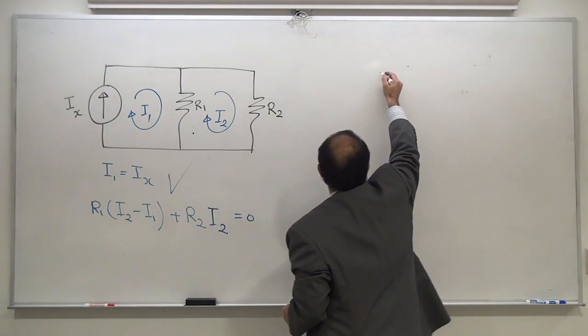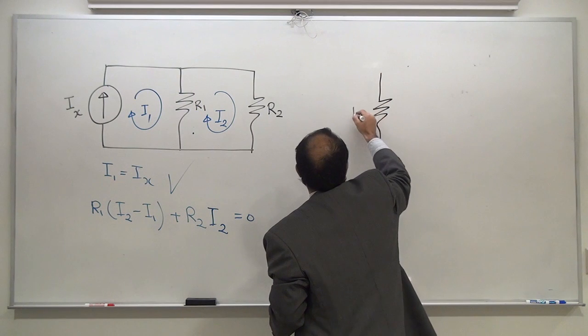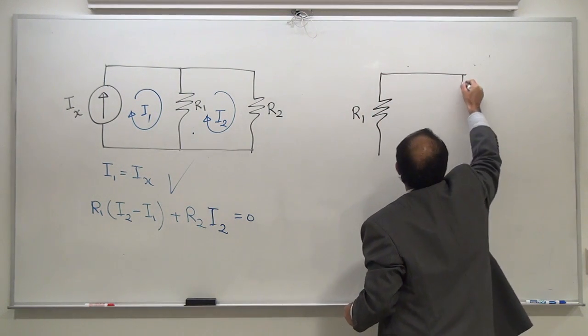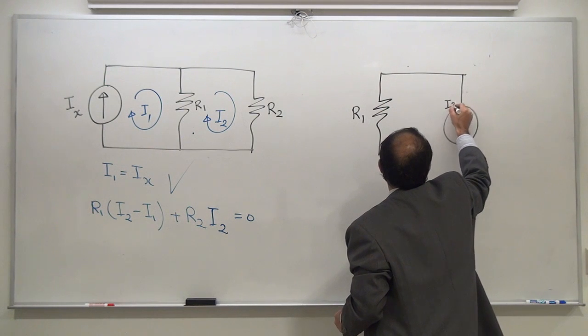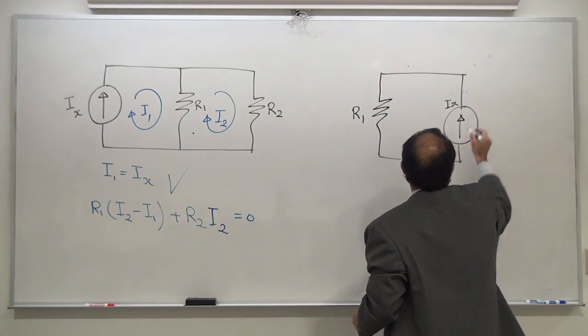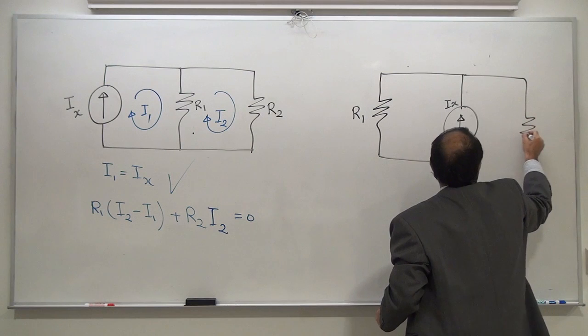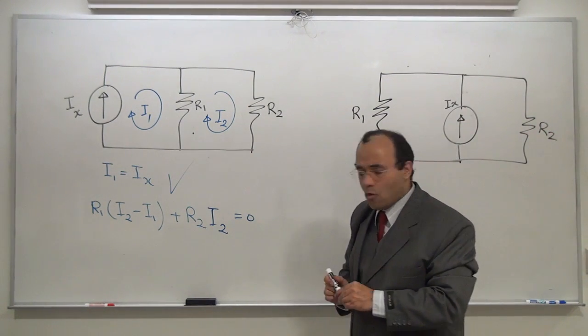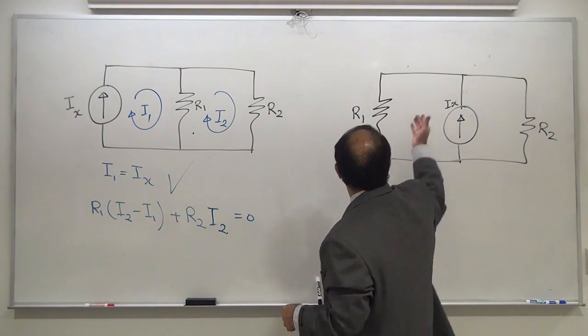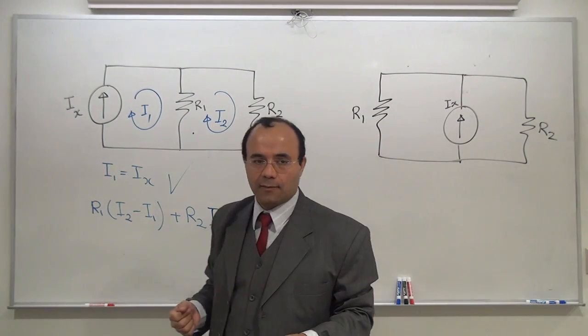I want you to imagine the following design. This is R1, this is Ix, this is R2. Am I supposed to get any different? No. This structure is exactly the same as this structure.